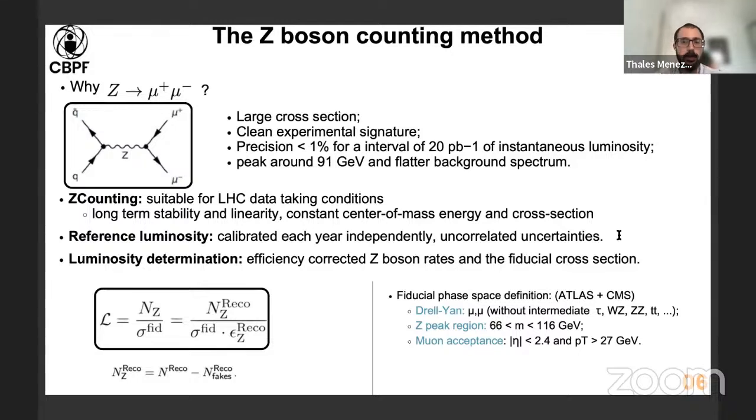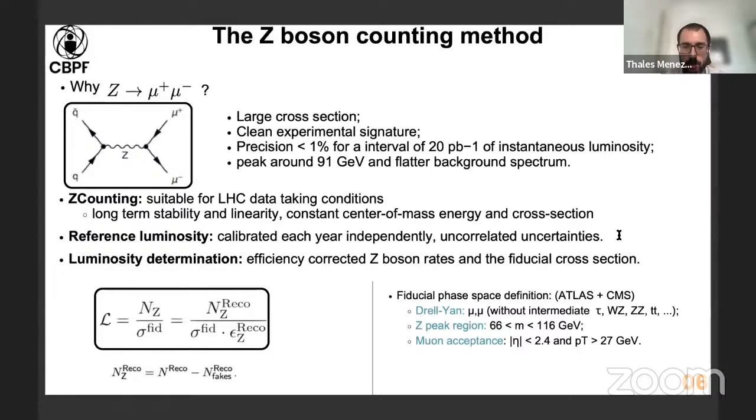But since this is a method that is developed in parallel with ATLAS, we have to define some fiducial phase space for our measurements. For this definition, we have the production of muons via the Drell-Yan mechanism without intermediate dibosonic contributions, t-tbar, and so on.